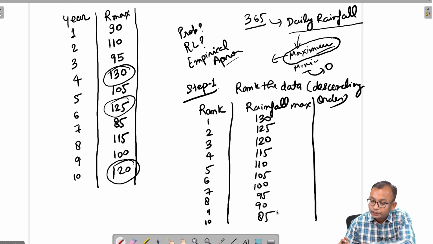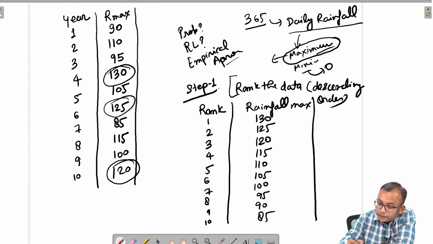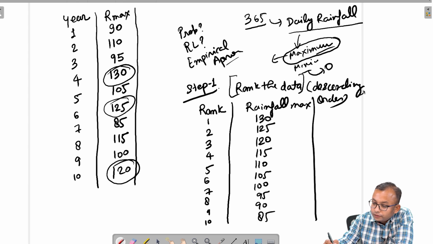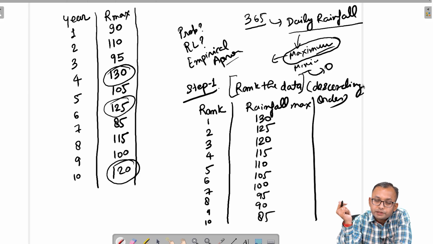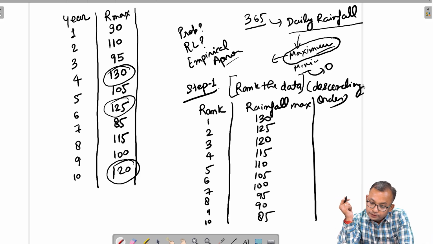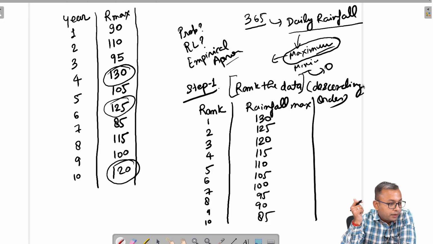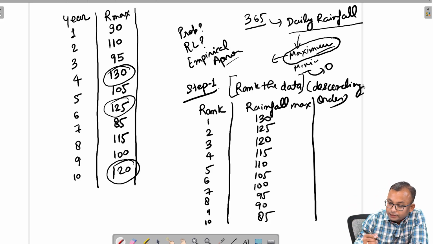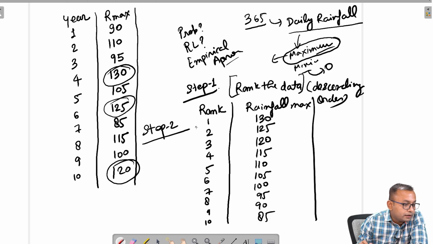Now, we have ranked the data in descending order: the highest one is the first rank and the lowest one is the last rank. Then step 2 is to apply a probability formula to calculate the probability of occurrence of these different events.